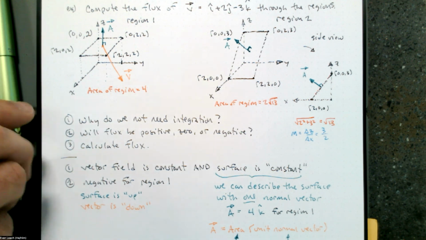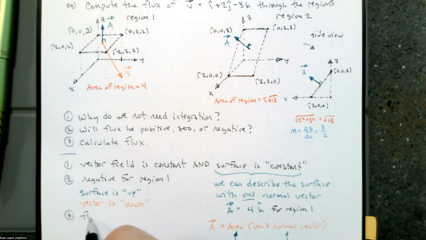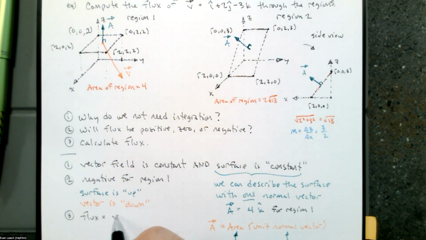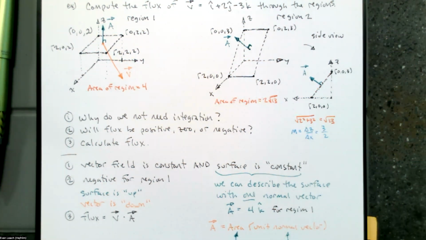When we actually calculate the flux through region 1, it's just going to be v dot a. The reason we get away with multiplication and don't have to integrate is that the vector is constant and we can describe the surface with one normal vector.